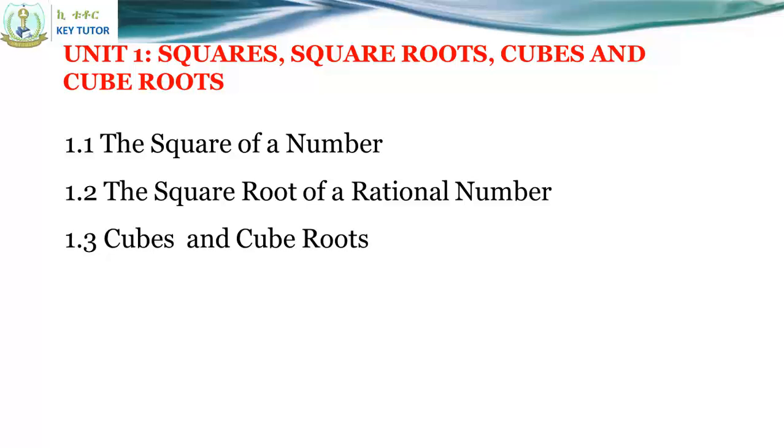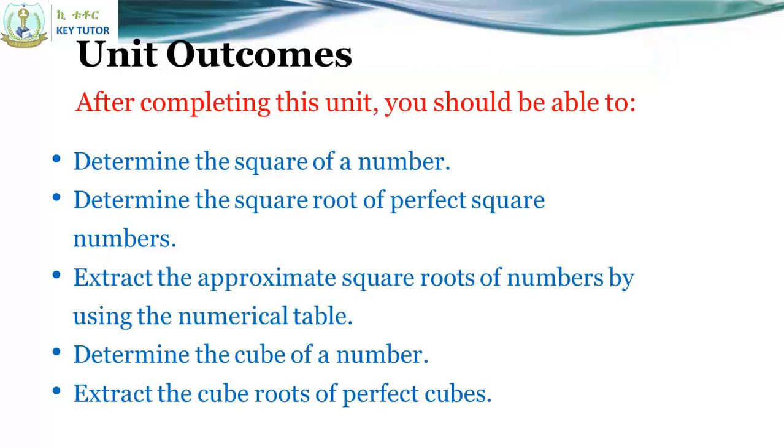In the first unit, we'll have 3 subtopics: the square of a number, the square root of a rational number, cubes and cube roots. The unit outcomes of the first unit are the following.